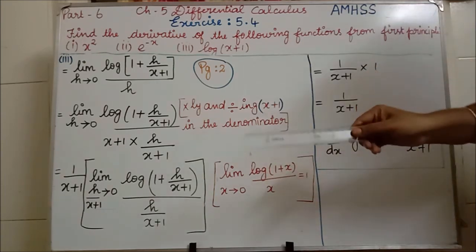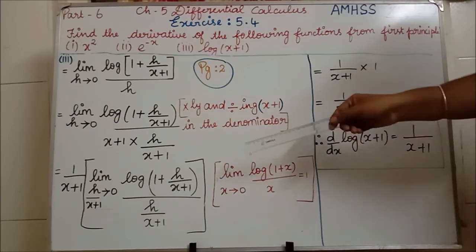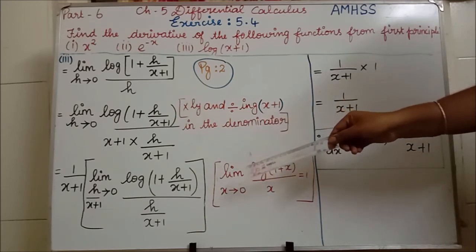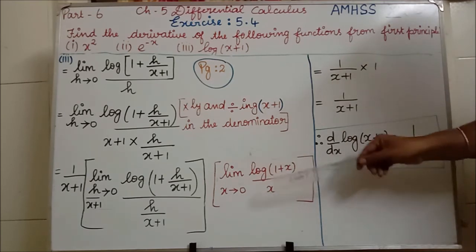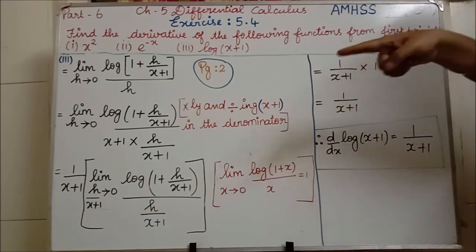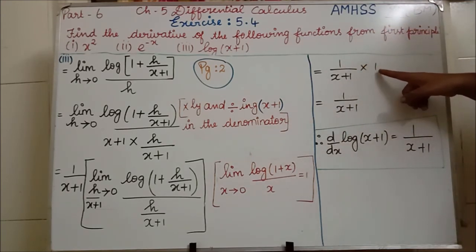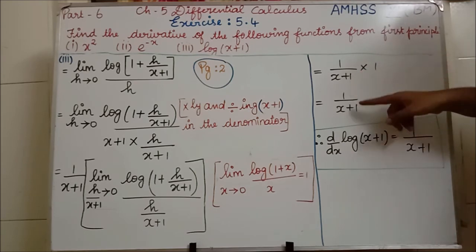Because limit h tends to 0, log 1 plus x: instead of x, there we are having h divided by x plus 1, divided by h divided by x plus 1. That full value will become 1. So 1 divided by x plus 1 into 1 is 1 divided by x plus 1.